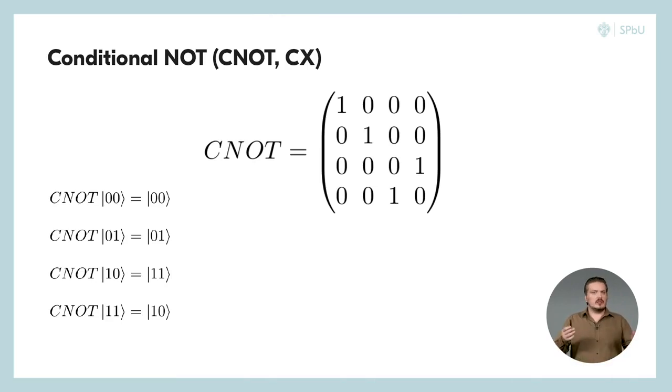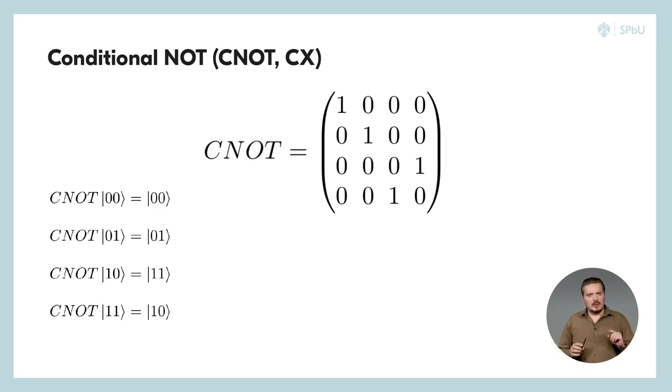People know it by different names. Some call it CX, some conditional not, and we are going to call it C naught. As always, this new operator is extremely important. In this course, I don't even mention unimportant things.